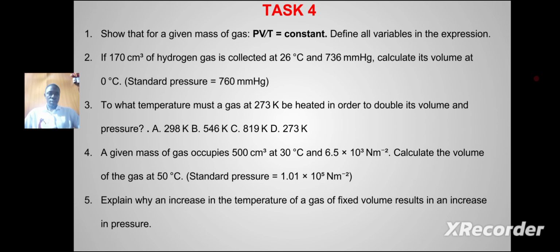Let's see, using the general gas equation, how much of these tasks you can attempt. Try attempting them on your own, and I think in the next slide there will be answers. So pause the video, attempt the task, and then cross-check before you go on to doing an independent task.